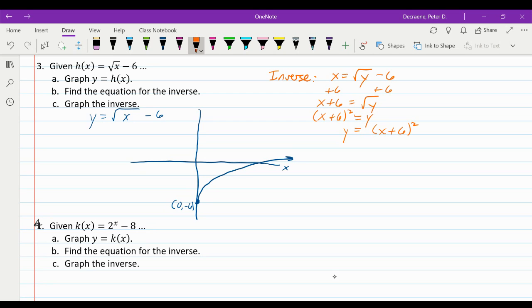This is vertex form of a parabola, right? And our vertex is going to be -6, 0 because there's nothing added on. So if I graph that, it would be over here somewhere. I don't want to graph the whole parabola though, because remember, I want the graphs to be symmetric across the line y equals x. So I really only want this half of the parabola.